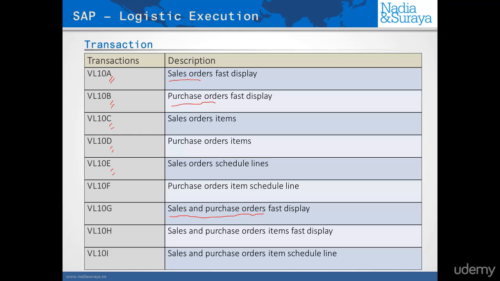If you want to mix the two, then you use the other transactions here. When you run your scenario, you decide whether you want to create sales orders and stock transport orders together, or just sales orders and so forth. So what type of outbound deliveries you want to create drives which transaction you use.